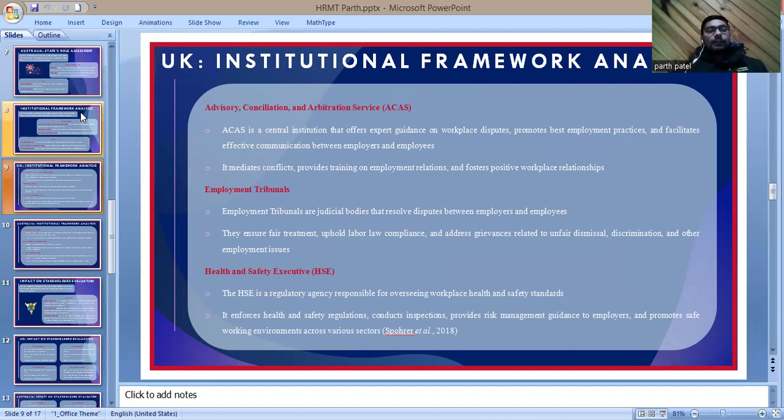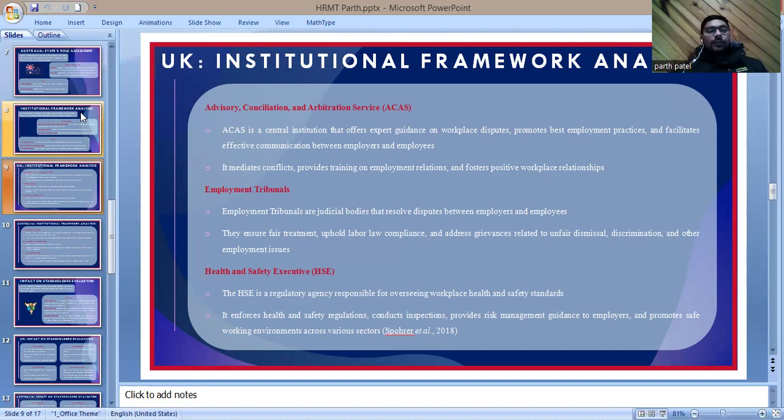In the UK, the Advisory, Conciliation and Arbitration Service, ACAS, is the central institute that offers expert guidance on workplace disputes, promotes best employment practice, and communicates between employers and employees. They also focus on conflict and provide training on employment relations.